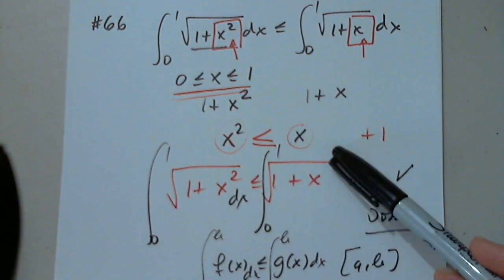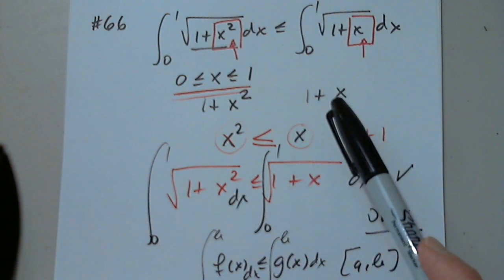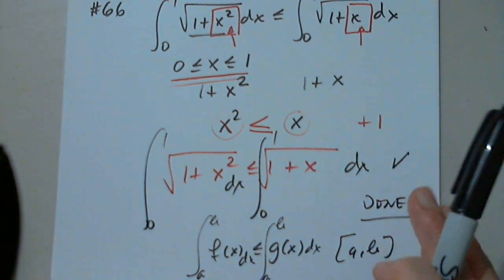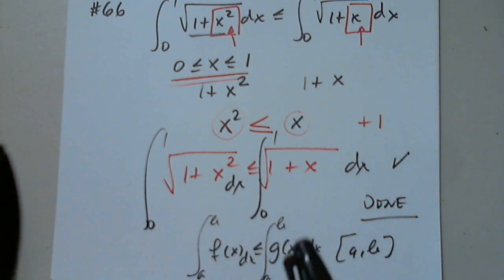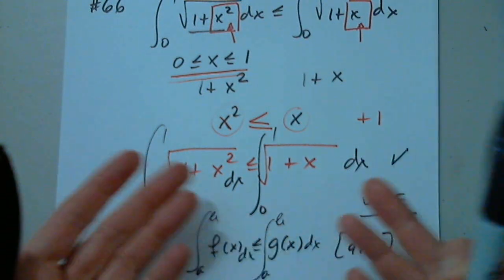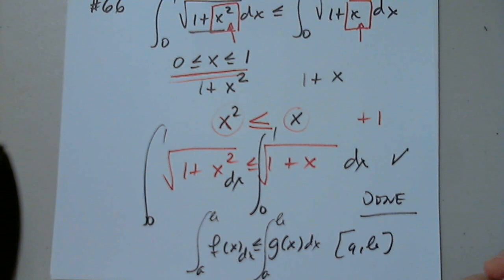Then I'm taking the square root because they are both positive quantities. Otherwise, I can't apply the square root in an inequality like that. But they're both positive. So then the square root of this must be smaller than the square root of this. And then the property says that if a function is smaller than another, and positive, the integral of this is smaller than the integral of that.